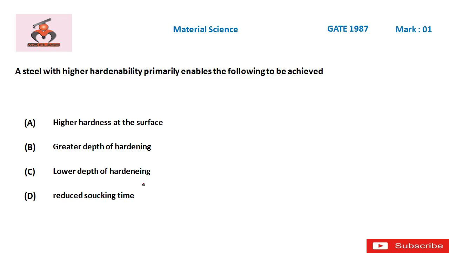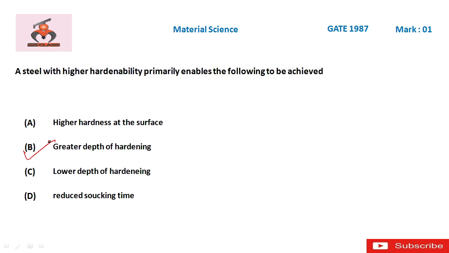The right answer is B, greater depth of hardening. Hardenability is defined as the depth up to which the required hardness is achieved. Hence, higher hardenability means that the depth of hardness is higher.